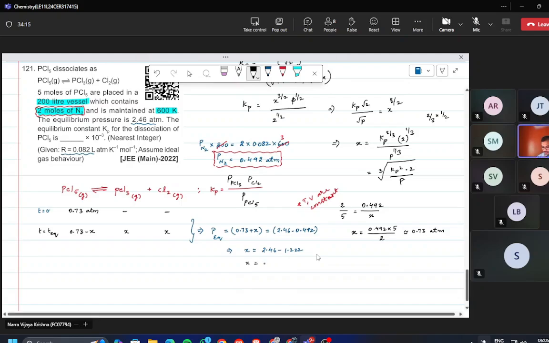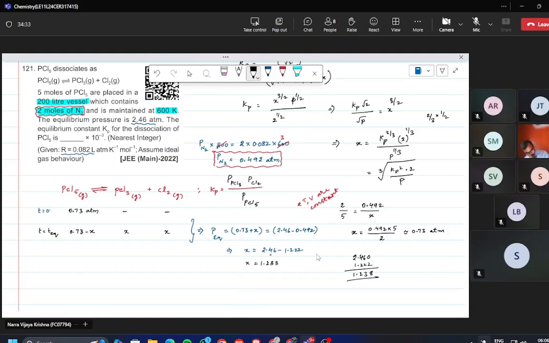So what is x equal to? 2.460 minus 1.222 is 1.238.